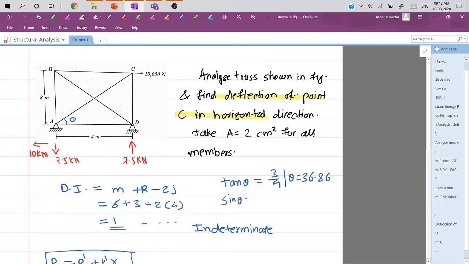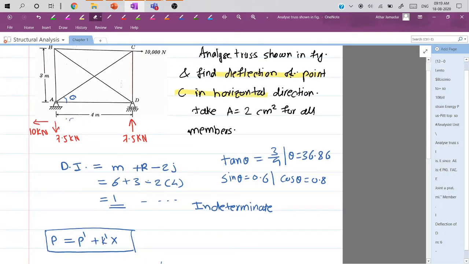Sine of theta is 0.6, and cos of theta is 0.799, which is about 0.8. So this angle CAD we are going to denote by theta.